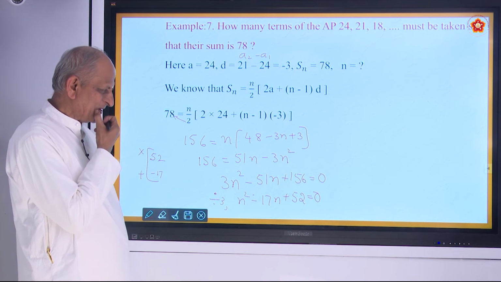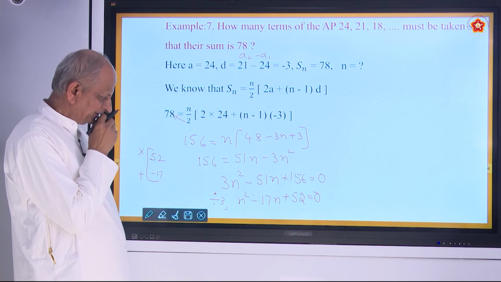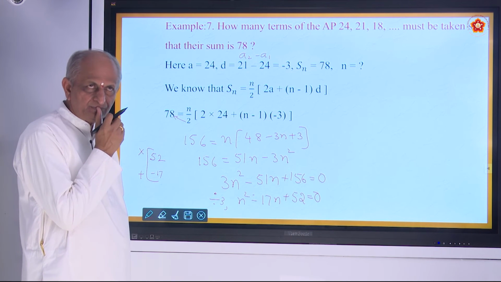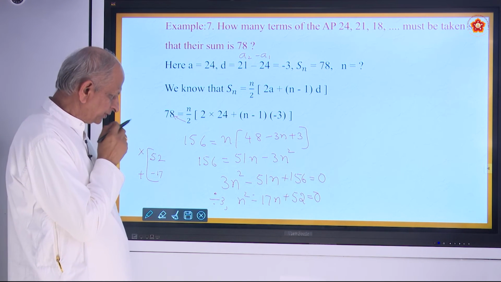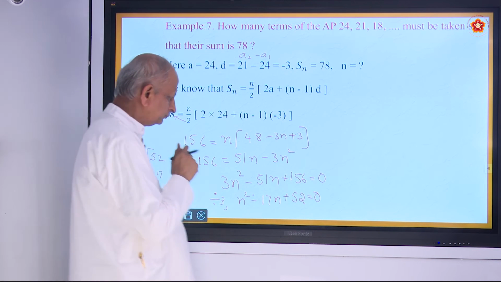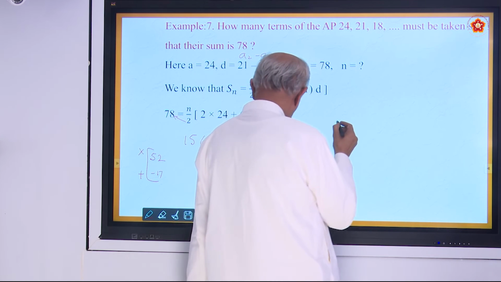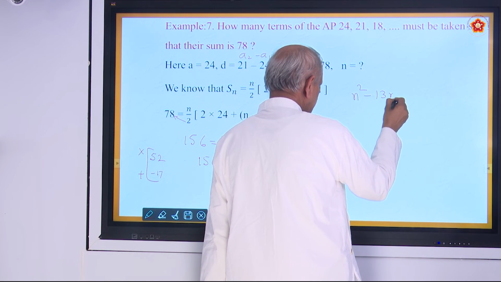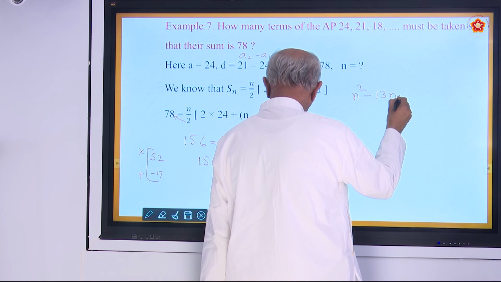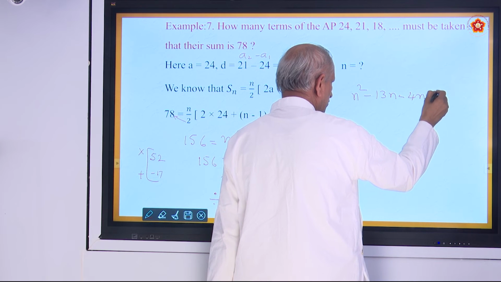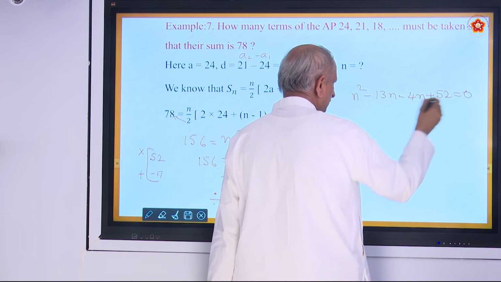Come on, what are the factors? 13 and 4, 13 4s are 52, correct? Okay, so 13 and 4. So you have n squared minus 13n minus 4n plus 52 is equal to 0.